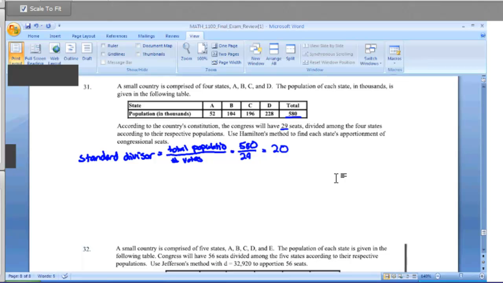And then we need to find the standard quota. And that is the population of a group divided by the standard divisor.